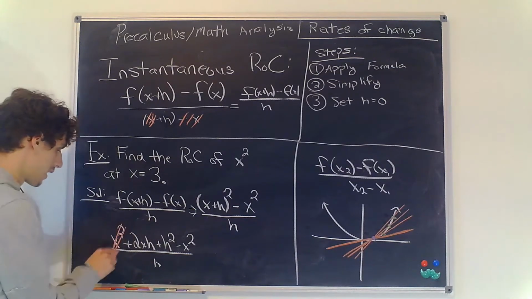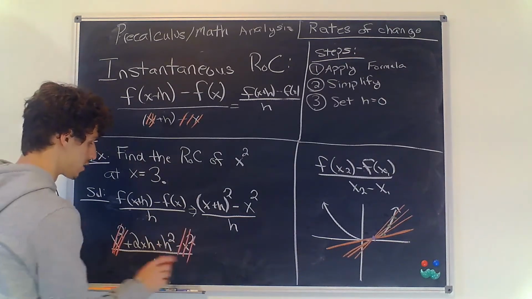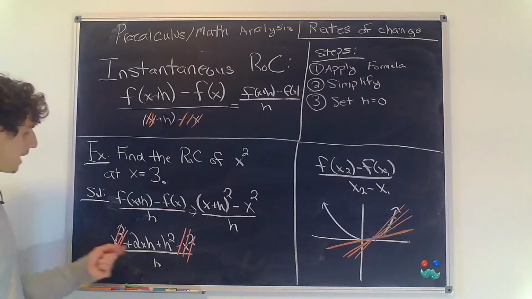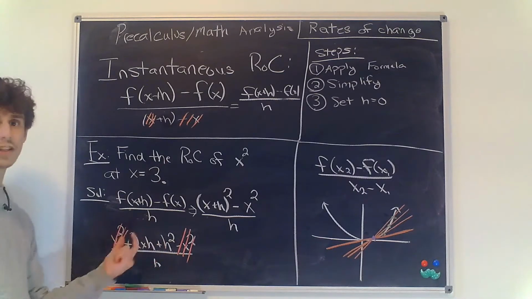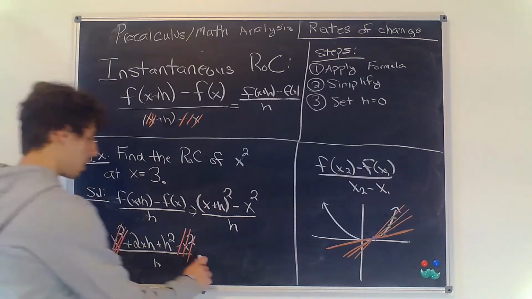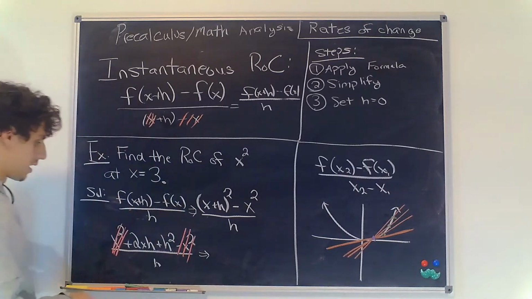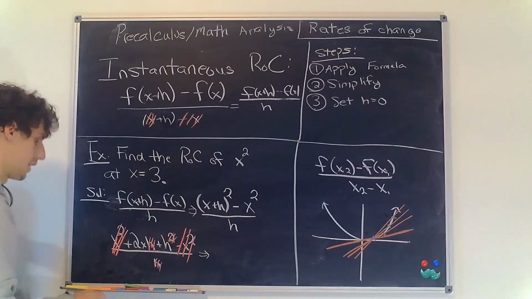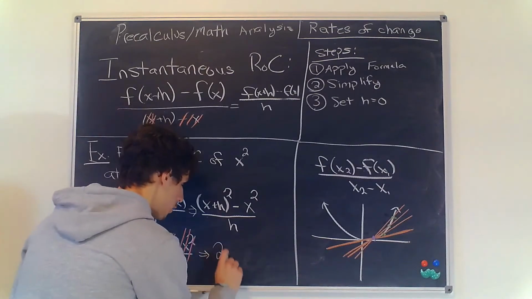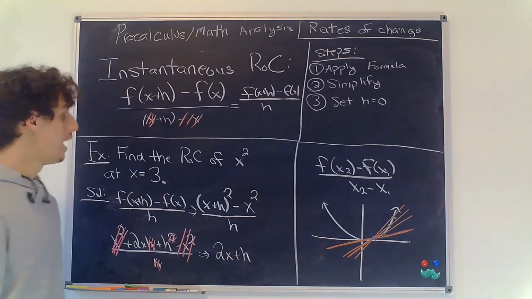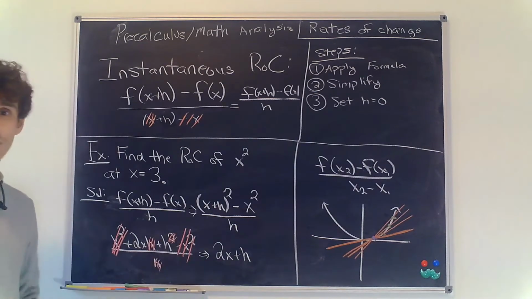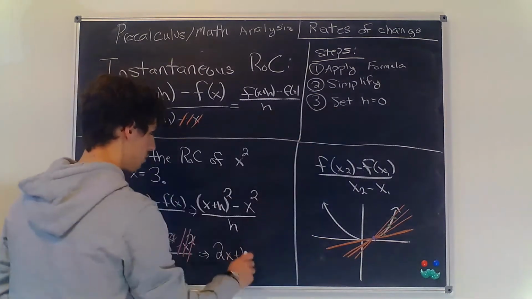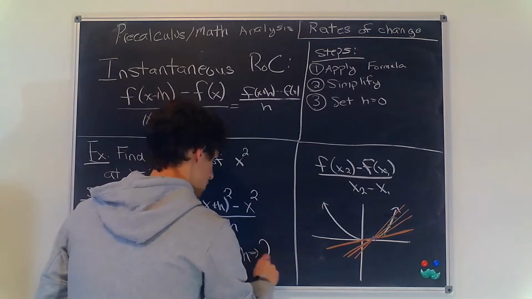We have a positive x squared here, that cancels with this negative x squared here. But now that leaves us with two terms that have an h in them, and we have an h in the denominator. So let's go ahead and cancel that. This h will cancel with this h, and this will cancel the squared here. So we get 2x plus h. And now, because we don't have h in the denominator anymore, we can set h equal to 0. So that gives us 2x.